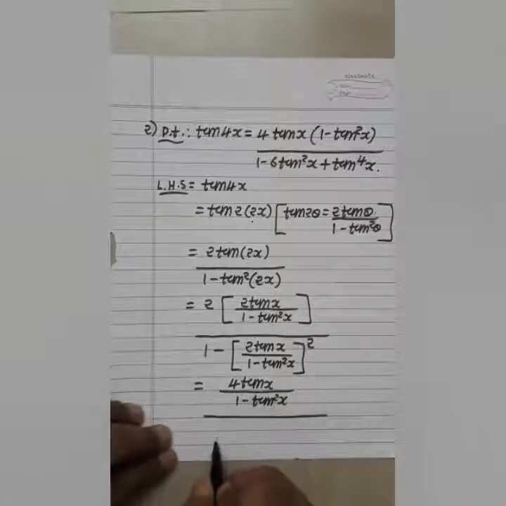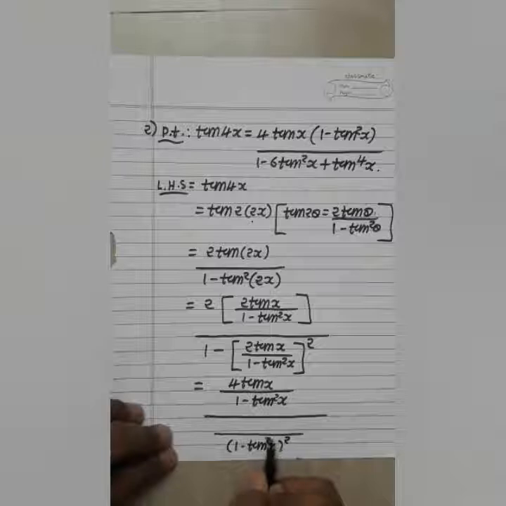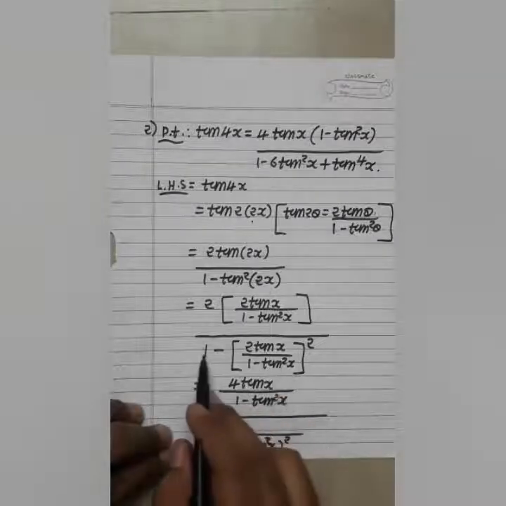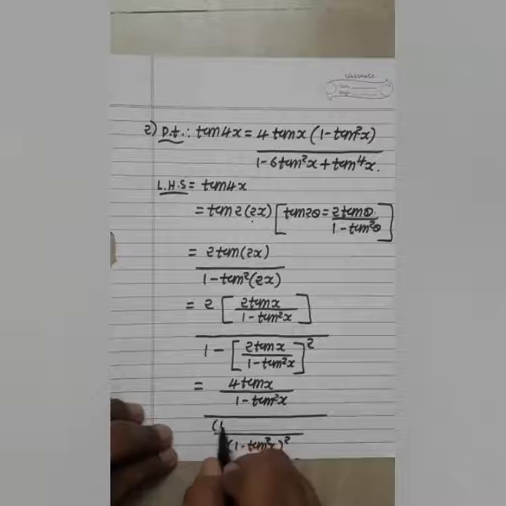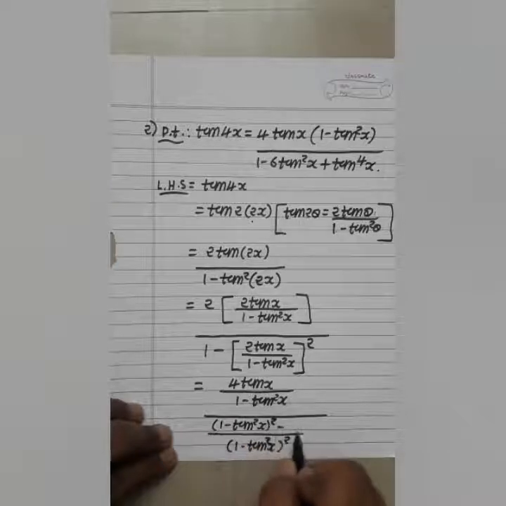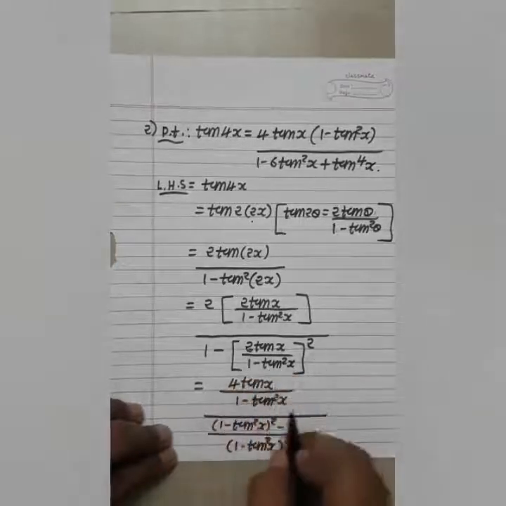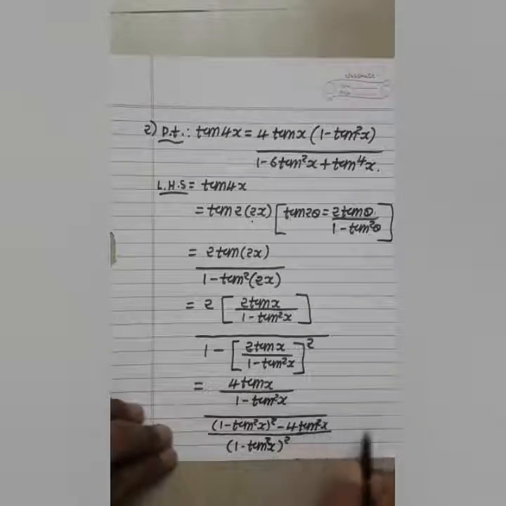So write here upon 1 minus tan square x whole square, and here LCM is not present, so multiply 1 with 1 minus tan square x whole square, minus now 2 tan x whole square, that means 4 tan square x.